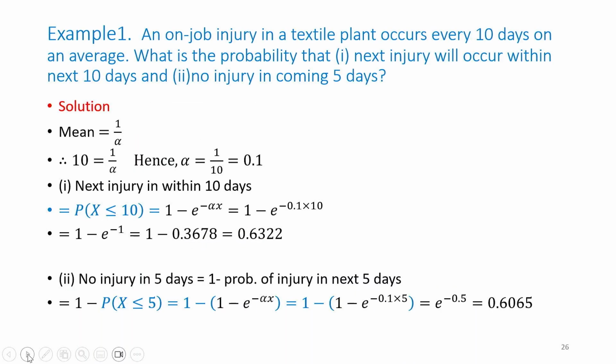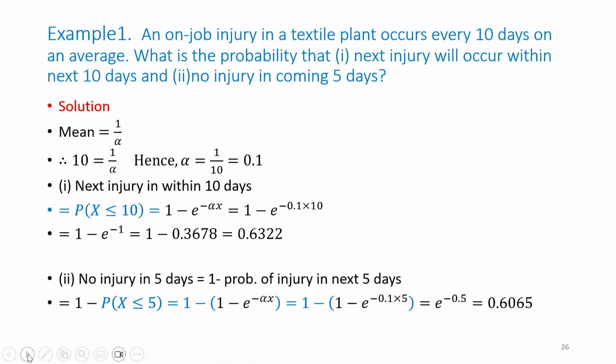Now we will solve the problem. The first problem is: an on-job injury in a textile plant occurs every 10 days on an average.